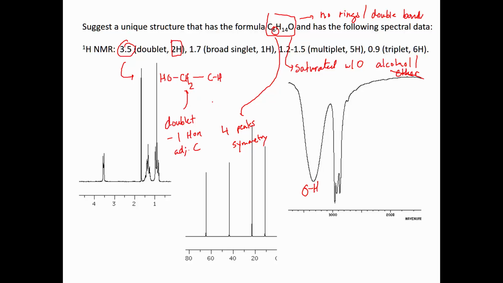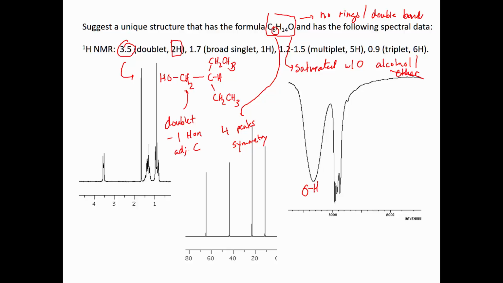Okay, if you look, there's only 4 more carbons in this compound. There's 6 carbons. Here's 2 of them right here. We know that there's symmetry. So this is the only way we can really make this compound work. Let me draw a better 3 right there. This is the structure of our compound.